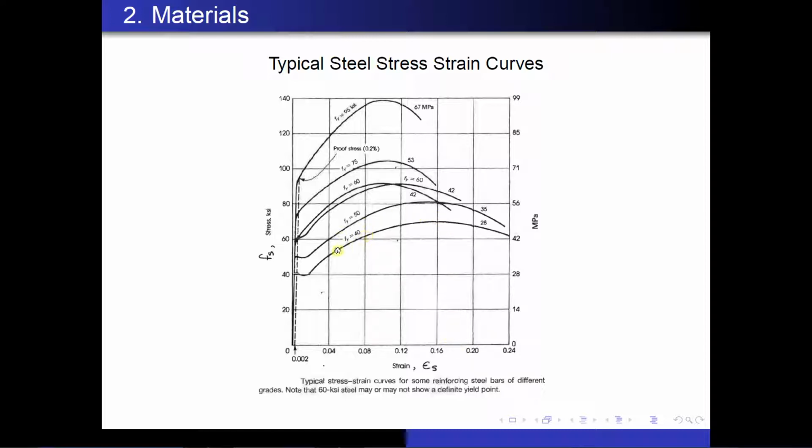So as I said before, some typical steel grades are 40 KSI and also 60 KSI. And those have a good amount of ductility, which is an important thing that we rely on when we are designing reinforced concrete structures.